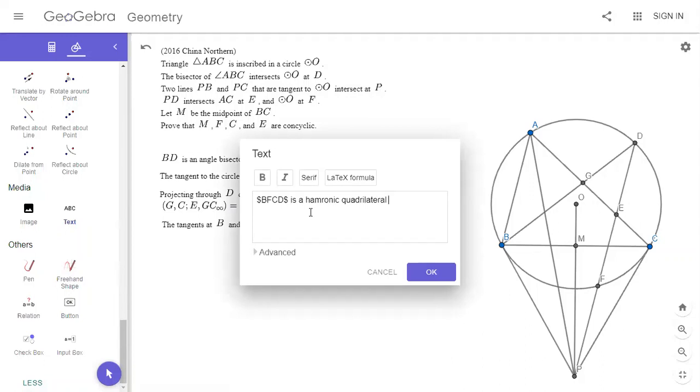And so that means that that cross ratio that I just mentioned is -1. So BCFD is -1. Okay.